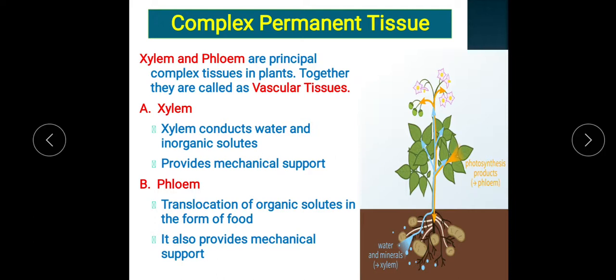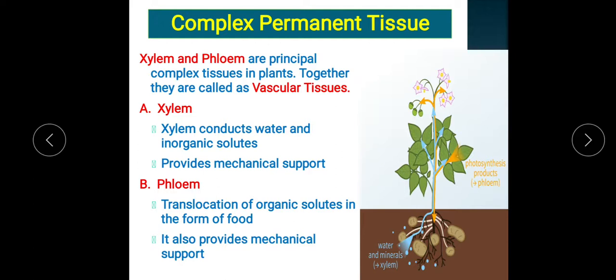So to these different parts, the photosynthetic products, that means the food material, are translocated through phloem. In addition to that, phloem also provides mechanical support to the plant body.